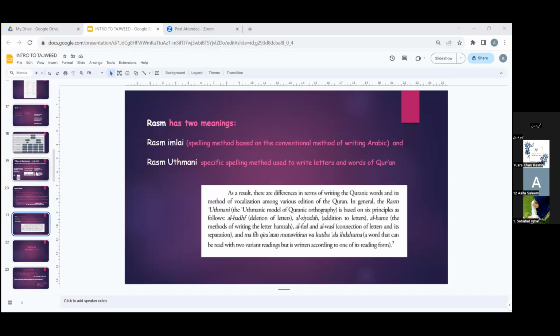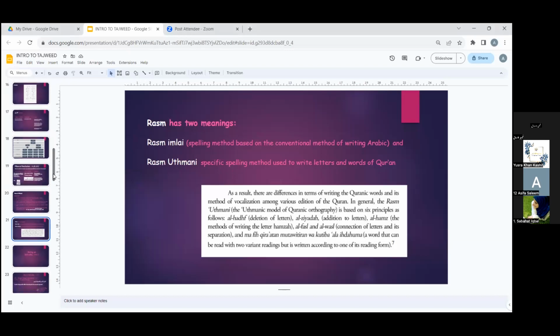In one of my sessions I spoke about why Rasm Uthmani is so popular, and I talked about Uthman radiallahu ta'ala anhu in relation to Rasm Uthmani, and it was mistaken to mean that perhaps in today's world we read Riwayah Hafs and Asim because of the Sultanate Uthmaniya, the Turkish Empire, whose name was similar to Uthman bin Affan, so the name became confused, as if Rasm Uthmani means this writing style was approved by the Turks.